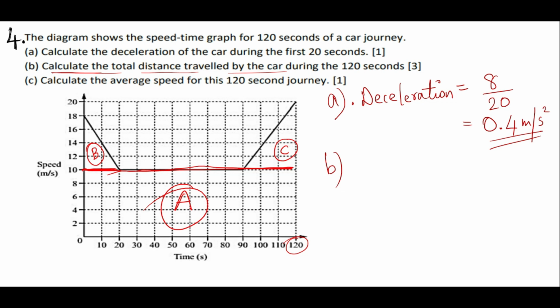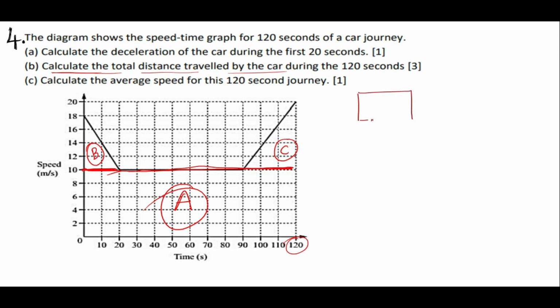My rectangle A has a length of 120 and a width of 10. Plus I have a triangle B, which has a base of 20 and a height of 18 minus 10, giving me 8.